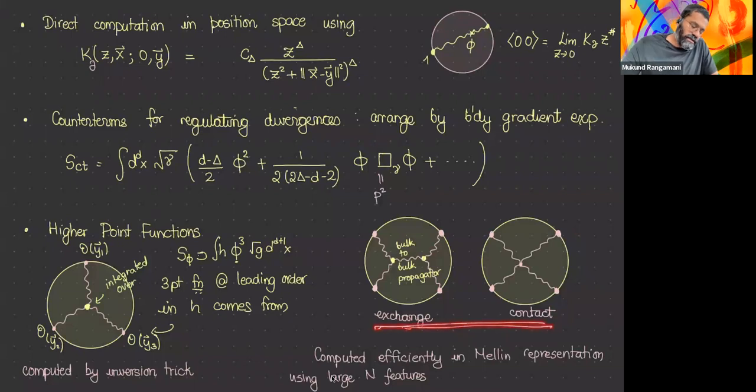They're known in closed form for supergravity fields, but they were easiest to do by exploiting some tricks.